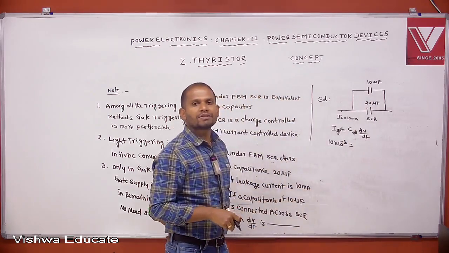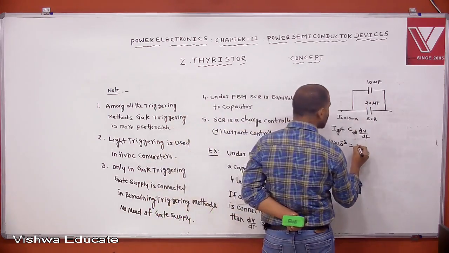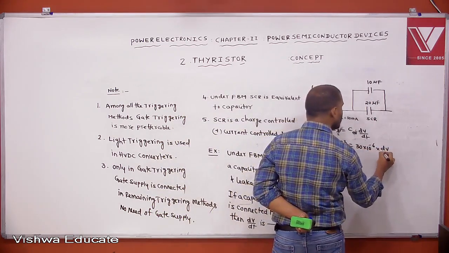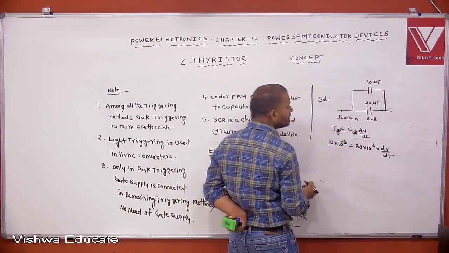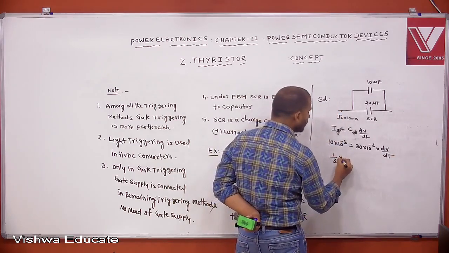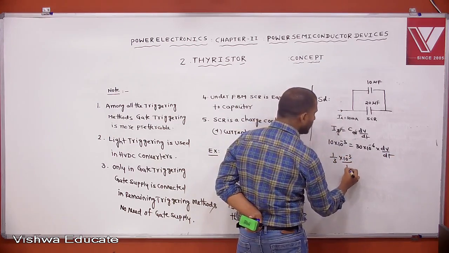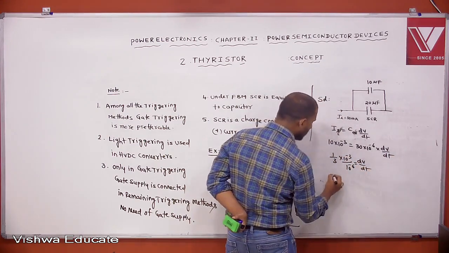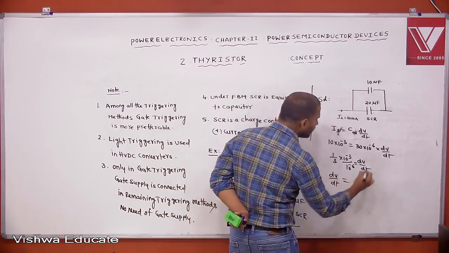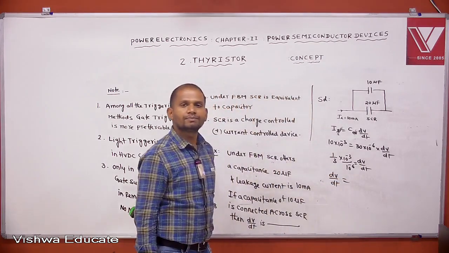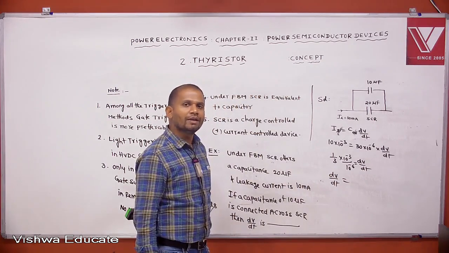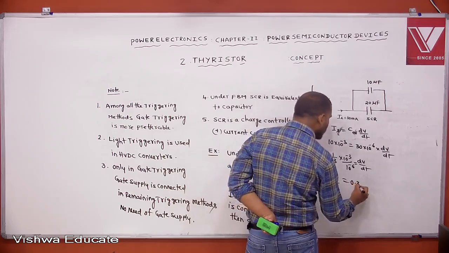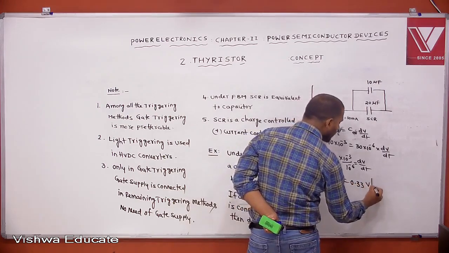If the two capacitors are in parallel, the resultant capacitance is 30 microfarad, 30 into 10 to the power of minus 6, into dV/dt. So dV/dt equals 10 into 10 to the power of minus 3 divided by 30 into 10 to the power of minus 6, which is 1 by 3 into 10 to the power 3. Then how much dV/dt you can get? 0.33 volts per millisecond.